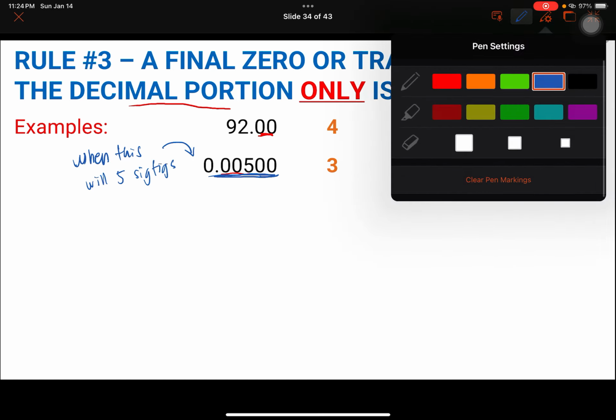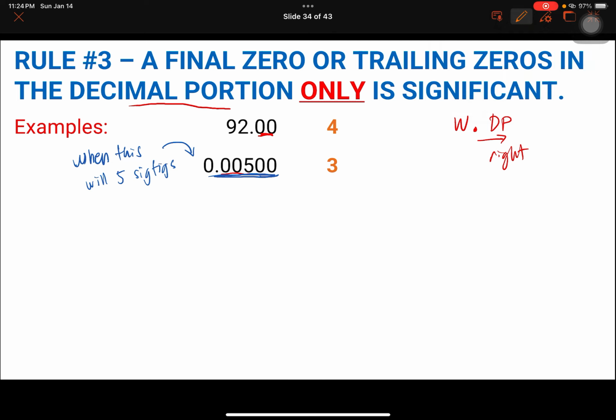Diyan papasok yung measurements natin. Pag hanggang dito sa point na to yung mahalaga na measurement, magiging 5 sig figs siya. Depende sa units, nagde-depend sa units or sa measurements. Pero however, wala naman tayong units na tinitingnan. So, we can have 3.